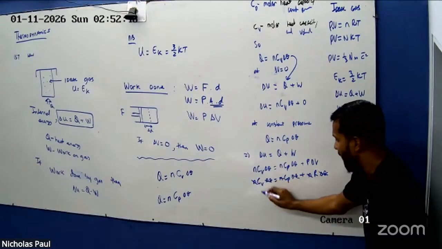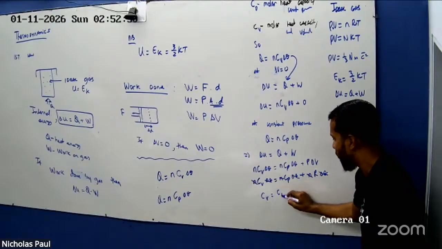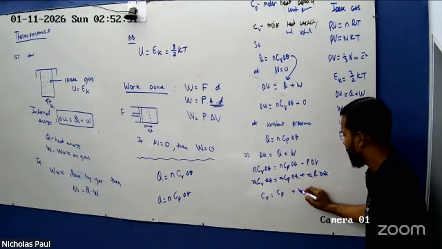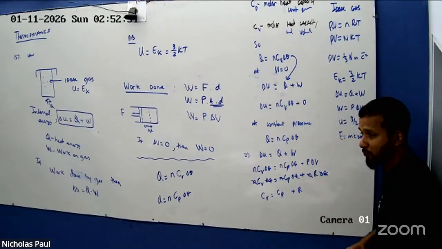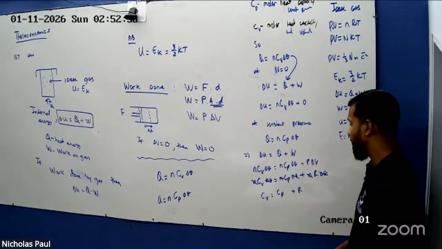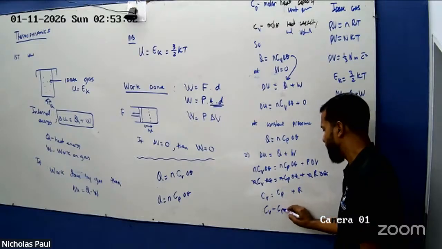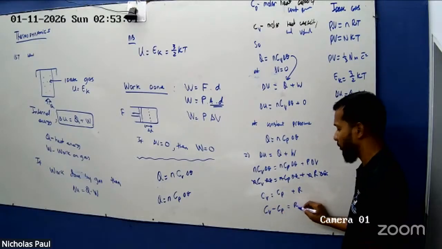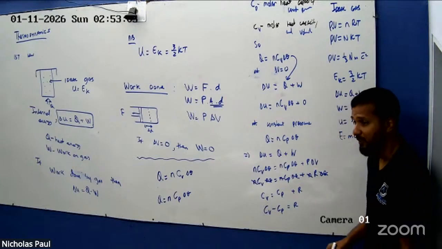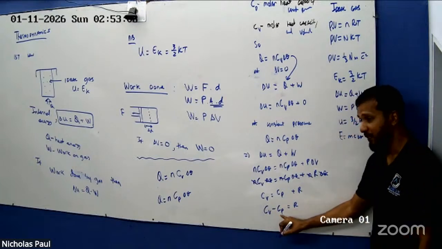So you end up with CP is equal to CV plus R. That's okay? So what does it say? This says that CP minus CV is R, which also means that this is bigger than this, right?